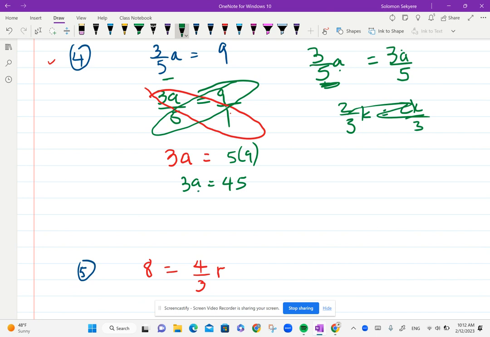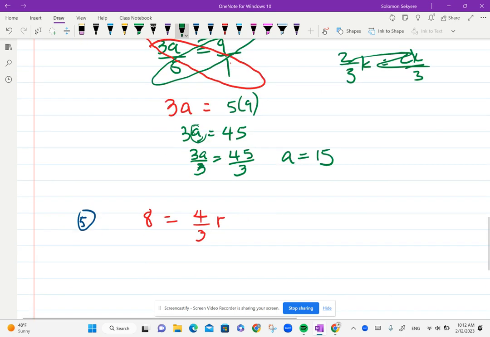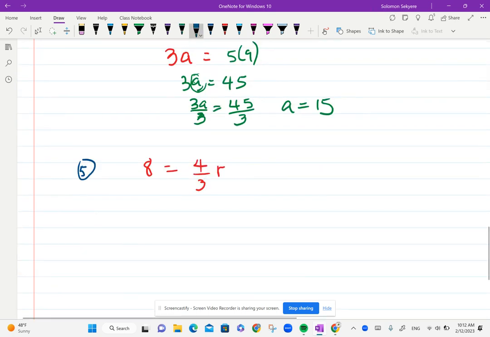How do we find that variable a? A number is multiplying our variable, so we find it by reversing the multiplication. Divide both sides by the coefficient of the variable, and this coefficient is 3. So we say a equals 15.